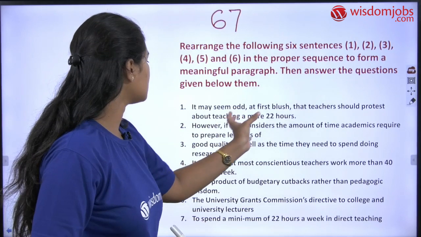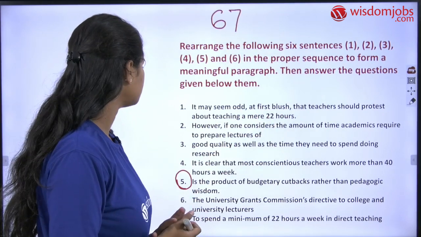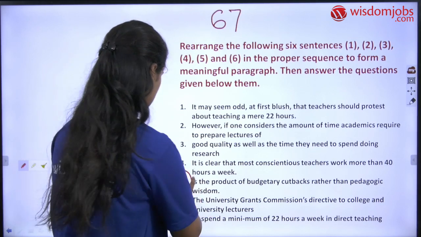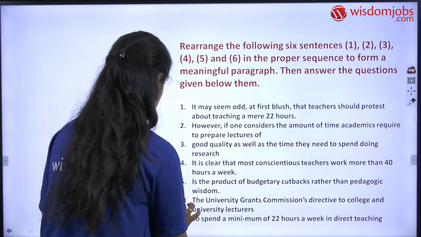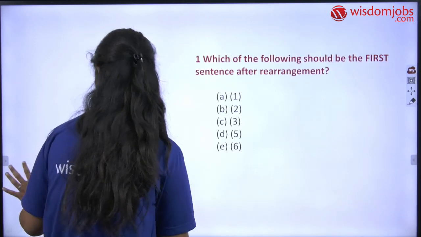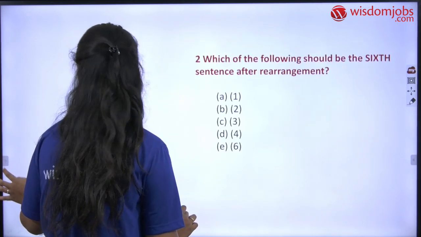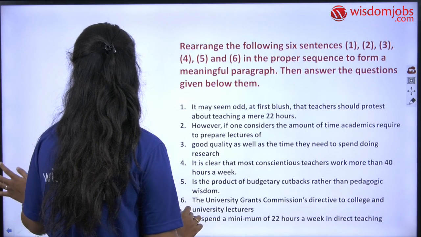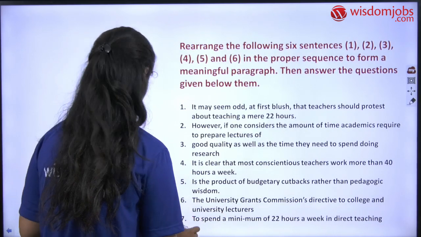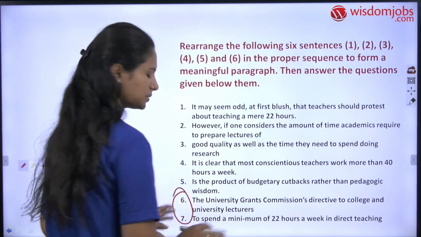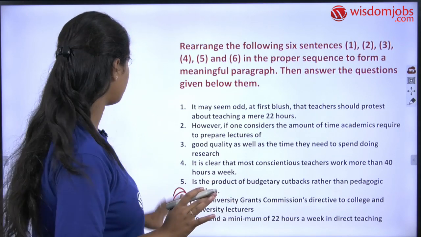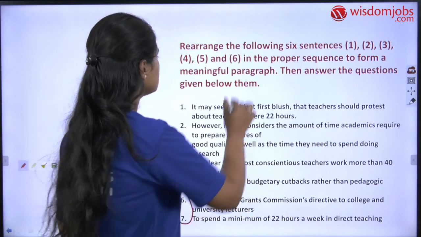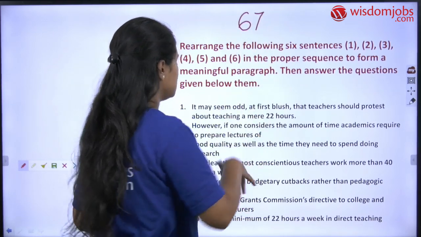However, if one considers the amount of, so now 5, leave about 5. Now just think that 6 and 7 are done. Now you are only left with 5, in which you have to decide what the option is.